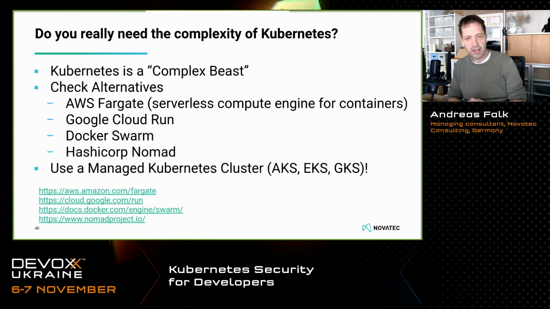If you are an architect, I would always ask, why do you need Kubernetes? And if I get the answer, oh, I want to try out Kubernetes, it's the newest technical thing, the whole world is using it, that is not a good answer.